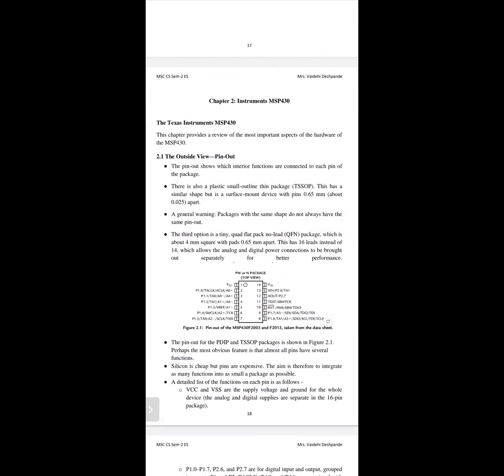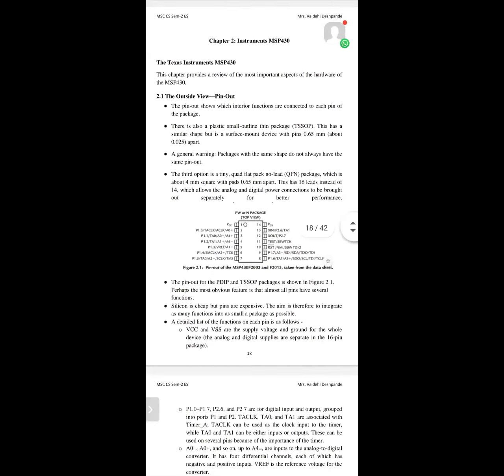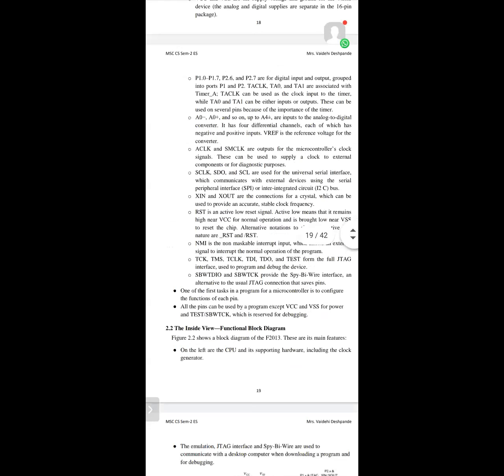The arrangement is done so nicely: the first chapter is the overall idea about embedded systems, the second chapter is the hardware part of the actual MSP 430, and it covers the pin structure. We will discuss the pins, what the tasks of those pins are, and so on.